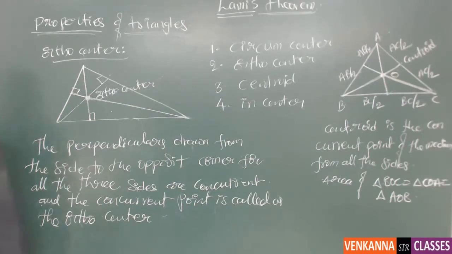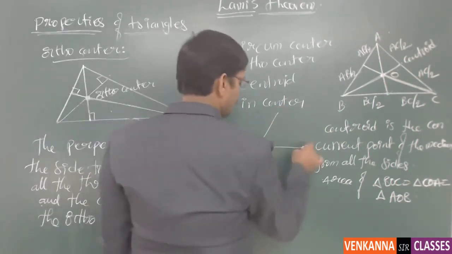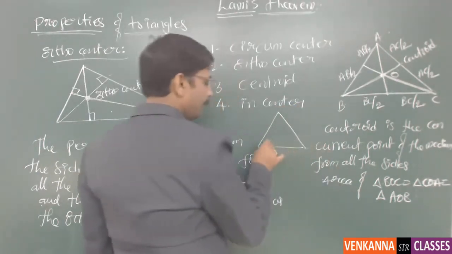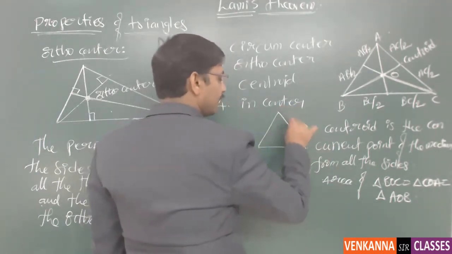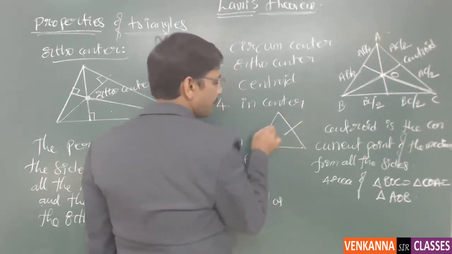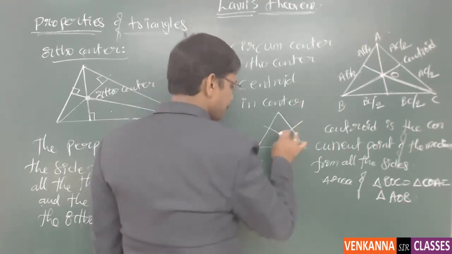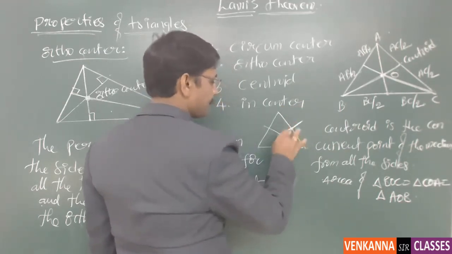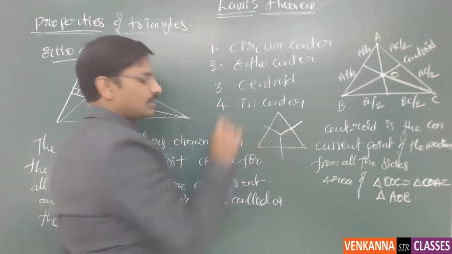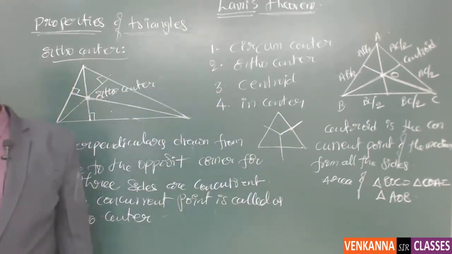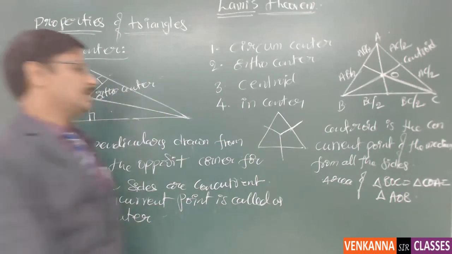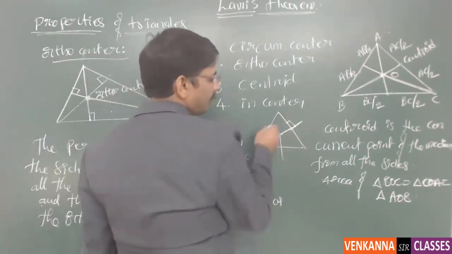Yeah. So in case of the circumcenter, this is how it is. The perpendicular has to be drawn exactly at the midpoint, like this. It may not reach the other corner. Got it? So this has to be at the midpoint and it has to be perpendicular.